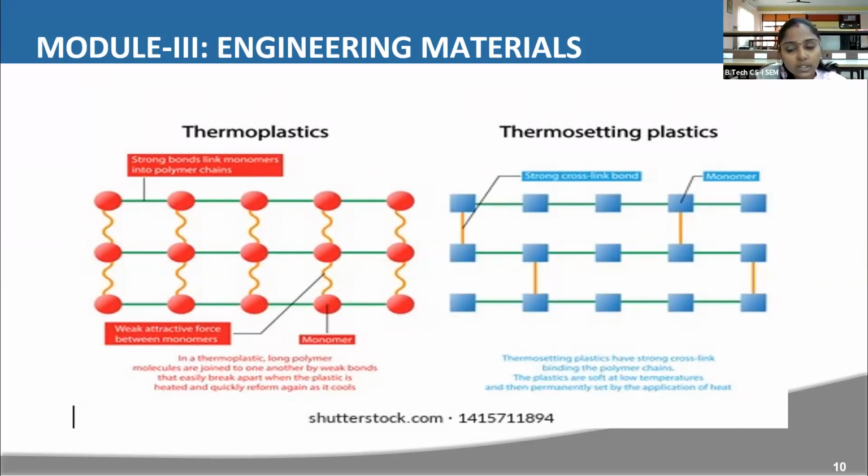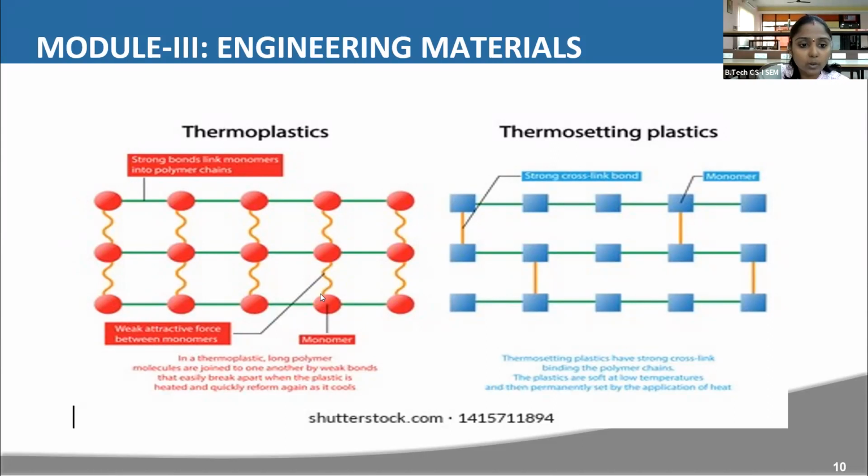That's why thermosetting plastics are very strong. Strong bonds link monomers into polymers, but the attractive forces between the chains are weak. This force is called the weak van der Waals force.